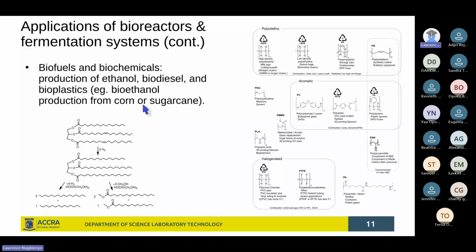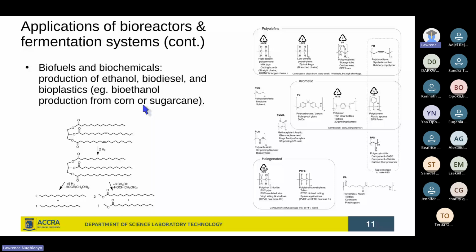I just remember something. Some years back, there was some American company that came to Ghana and wanted to do some biodiesel production from a local plant we have in Ghana, Jatropha.